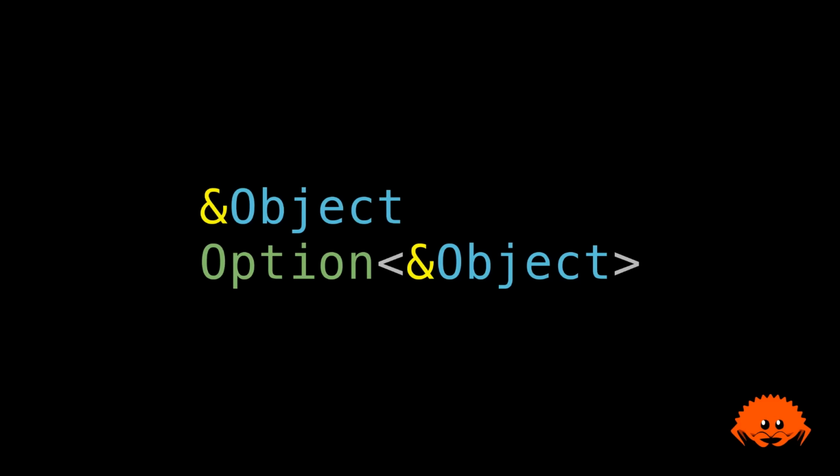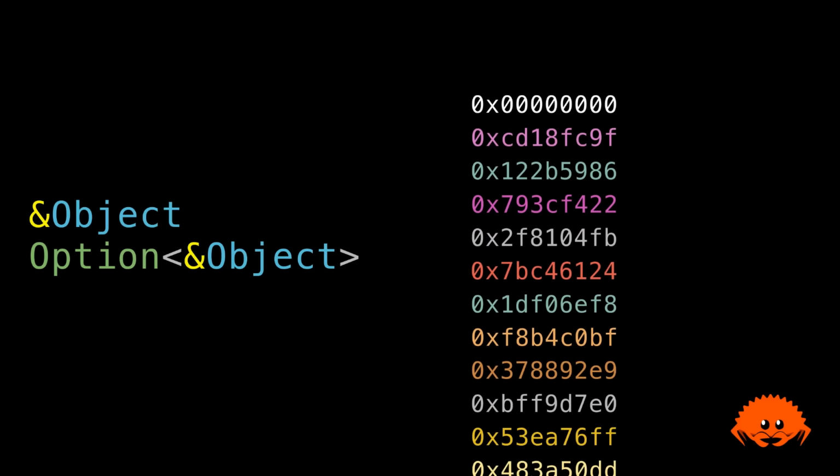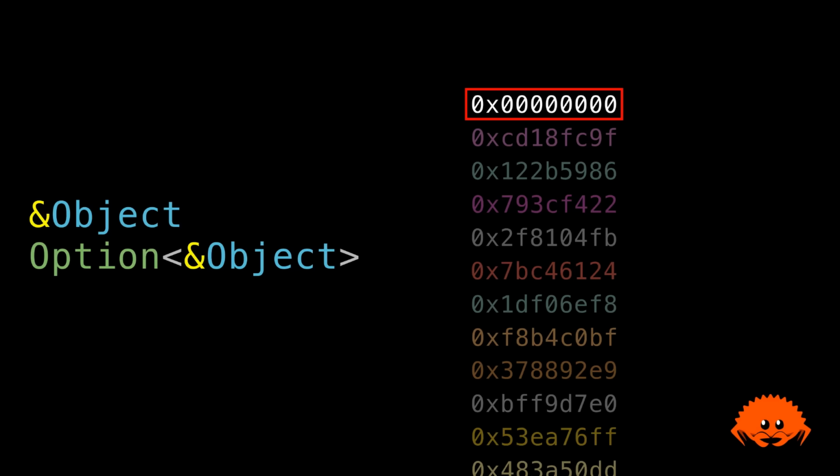But surely this adds some overhead? I mean, option is like a discriminated union, and it needs somewhere to store whether it's some or none. Well, it has one. Of all the possible values of the memory underlying a reference, our non-null invariant for references means this one is illegal. The Rust compiler knows that, and so it takes advantage of that automatically.